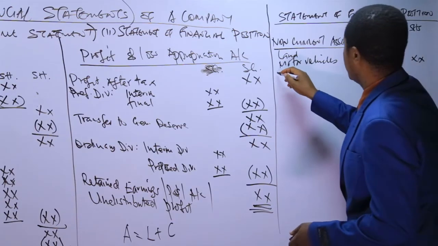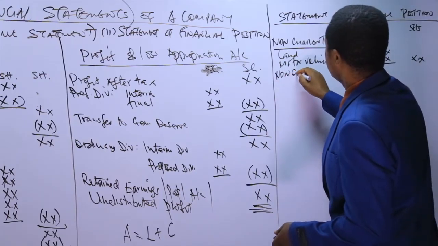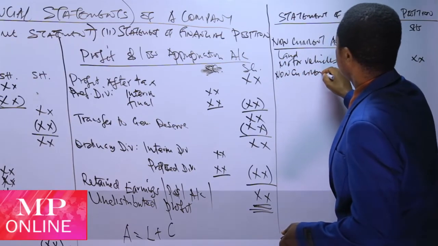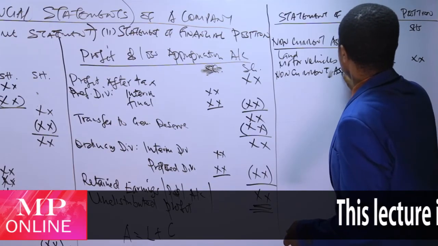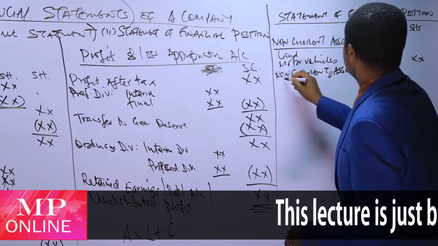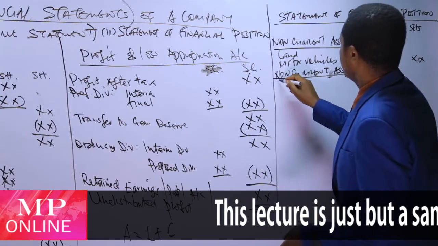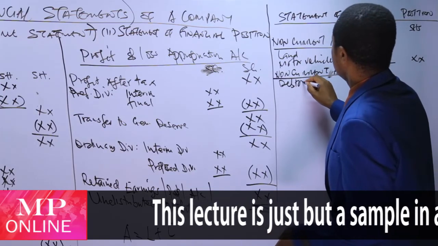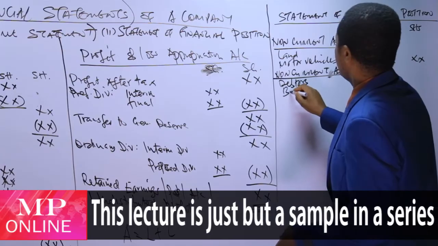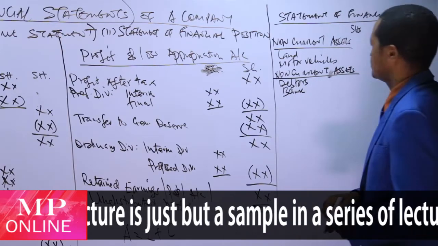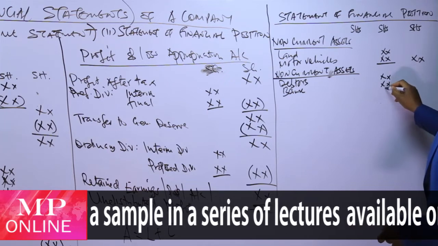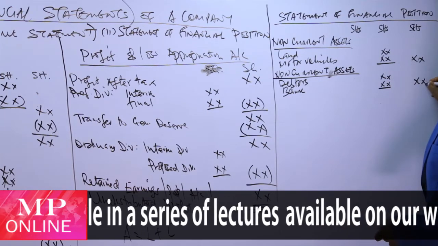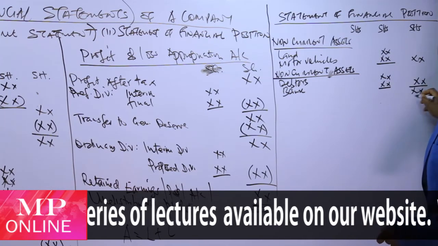Then the current assets: debtors, bank or inventory, have the total there, and the total assets.